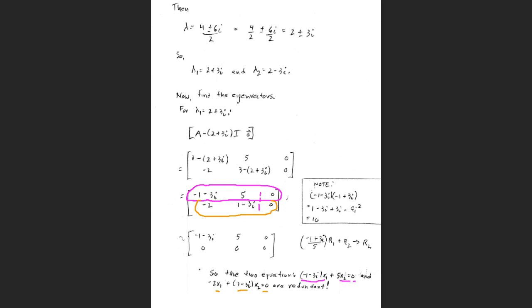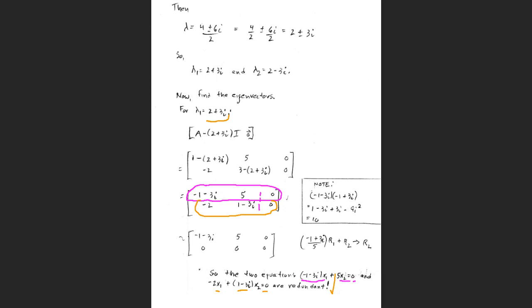They are redundant. So you do not need them both to find the eigenvectors, the eigenvector basis corresponding to this eigenvalue we're working with, which is 2 plus 3i. Pretty cool, huh? It's pretty cool.